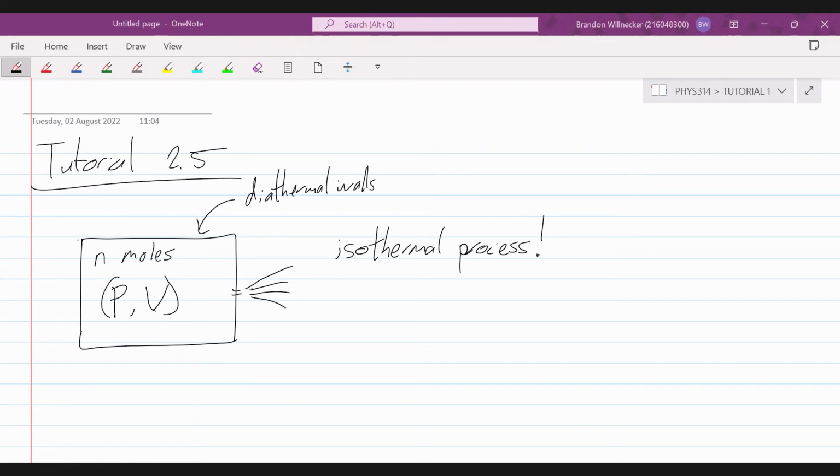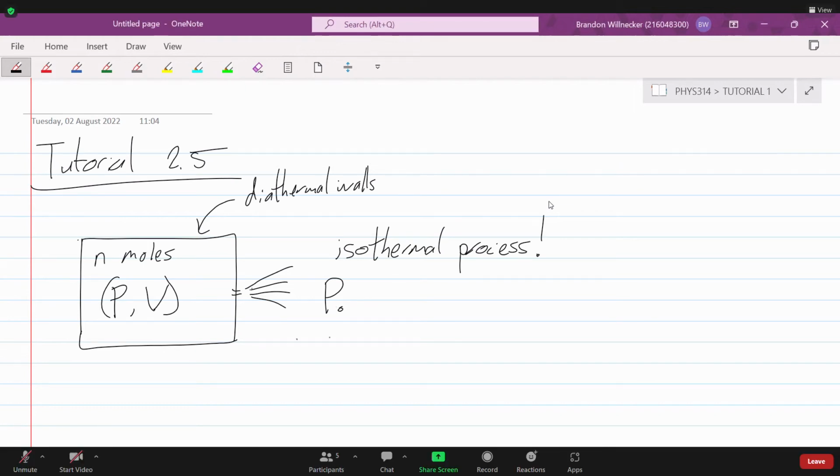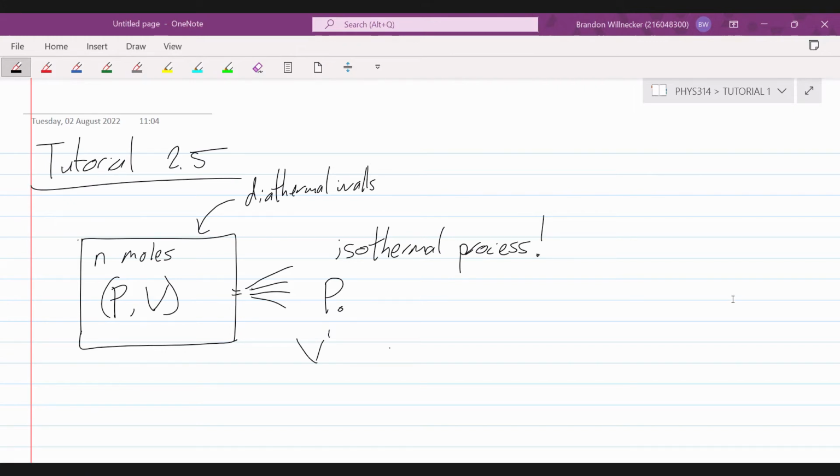The question also says that the gas is leaking with some pressure P naught. P naught, so that's the pressure going out. Okay, so if the gas is escaping, we can say that there are V prime, that's the volume of gas escaping after some time T, and let's say n prime moles of gas have escaped.